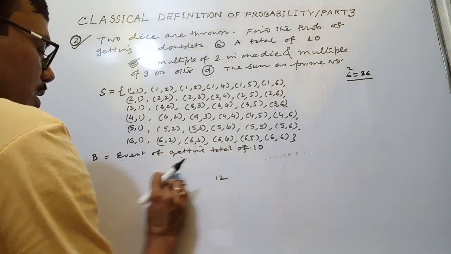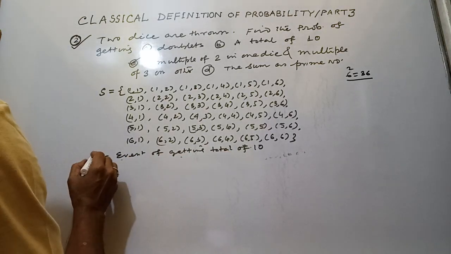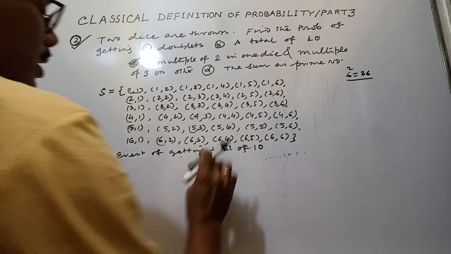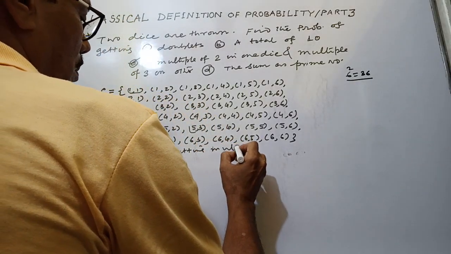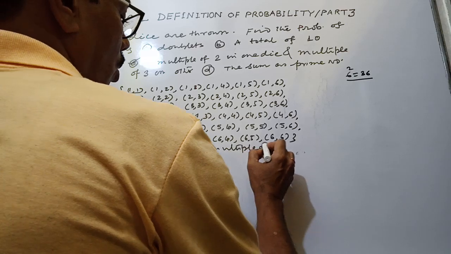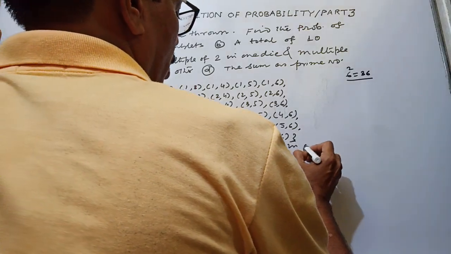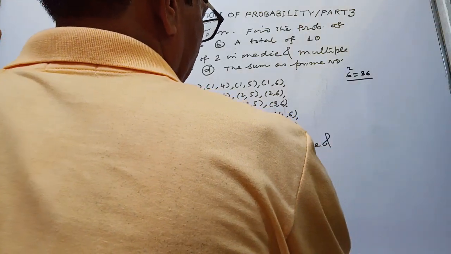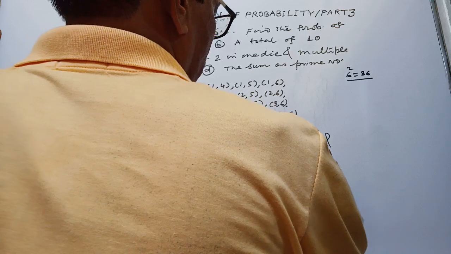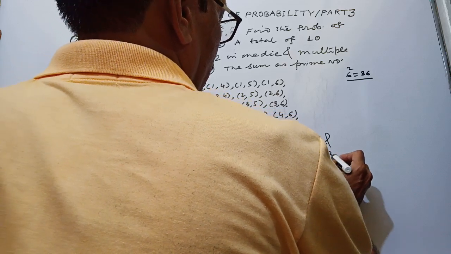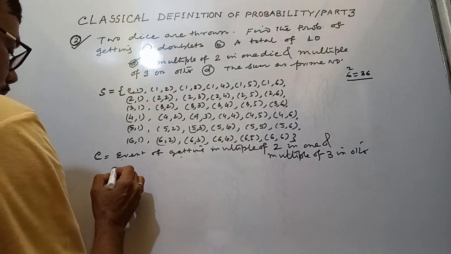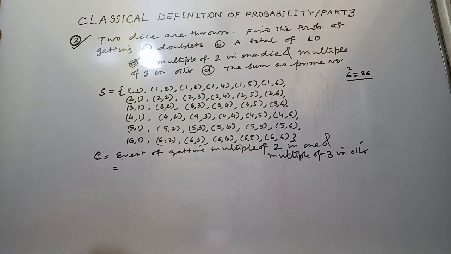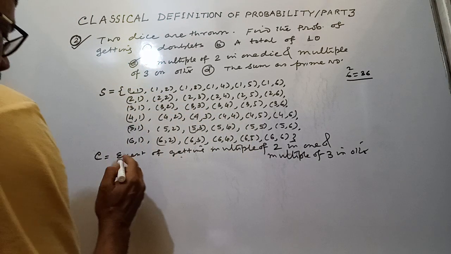So call this event C, the event of getting a multiple of 2 in one die and a multiple of 3 in the other. A multiple of 2 means 2, 4, 6.